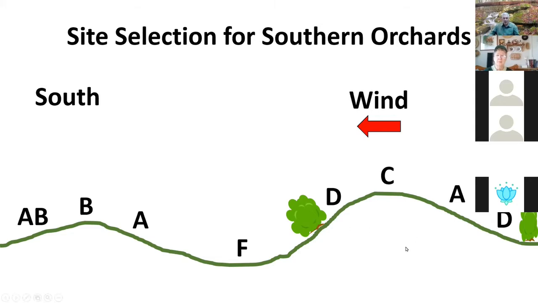And so when we start looking at these sites, we want areas where we get good air drainage, that we can capture some morning sunlight, but all that cold, dense air is going to drain off.